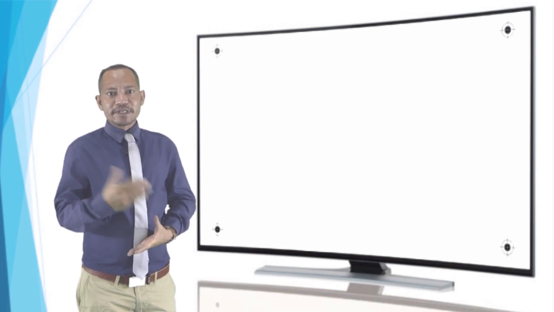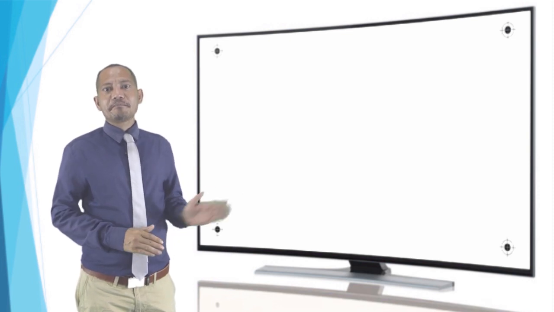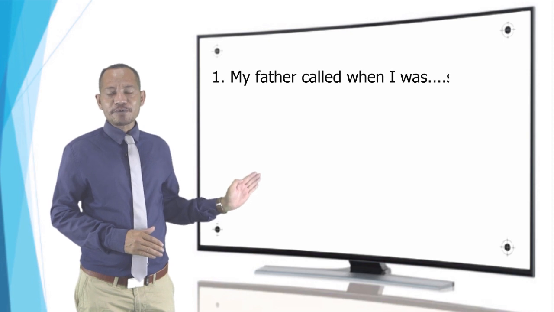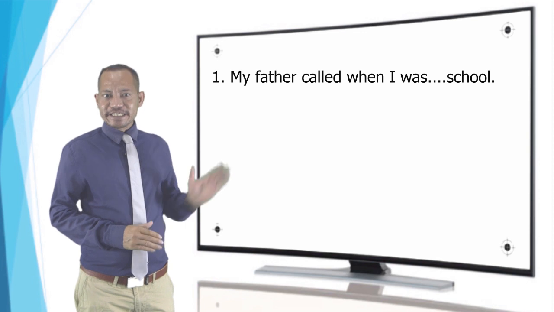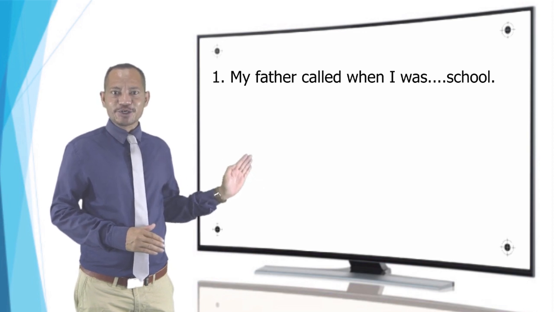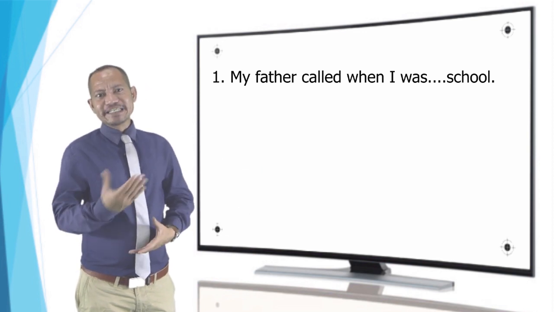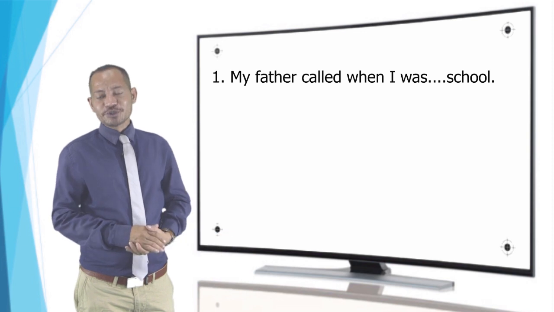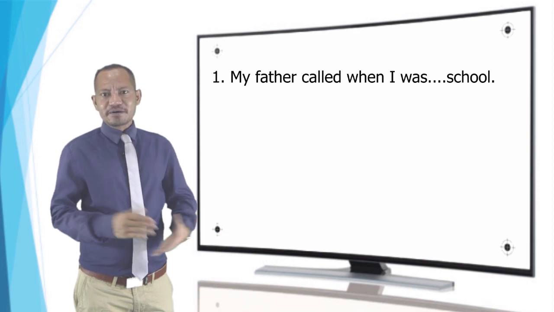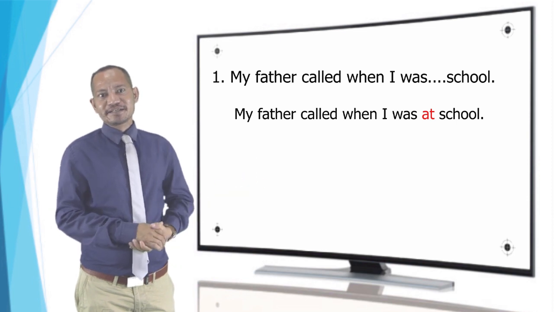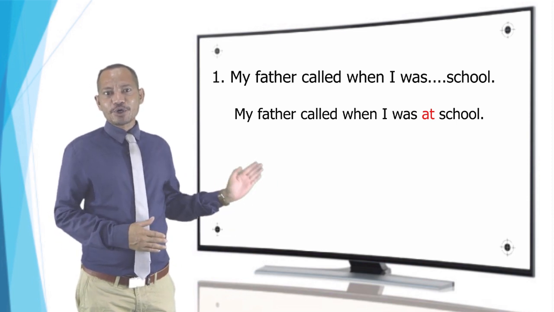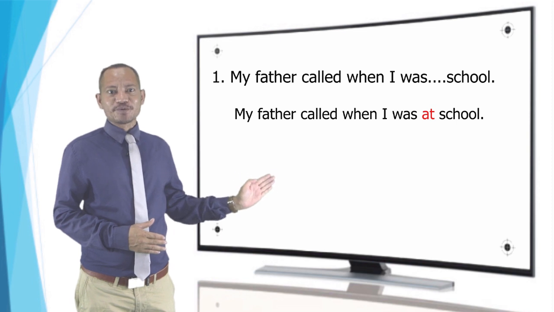Alright, let's start with exercise number 1. My father called when I was blank school. Now, is it at school, or is it on school, or is it above school? Alright, it is at school. Great. So, my father called when I was at school.